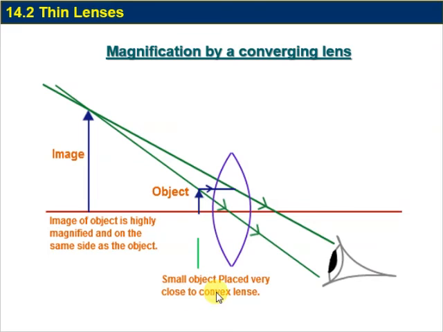Okay, so for small objects placed very close to a converging lens, the image of the object is highly magnified, and it's on the same side as the object, for sure. So the observer is always looking from this side.